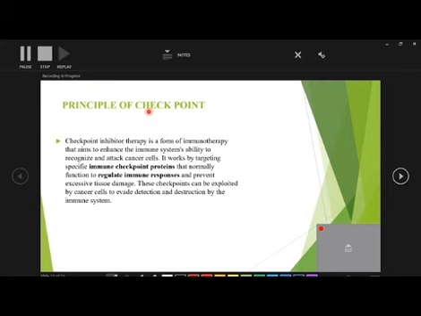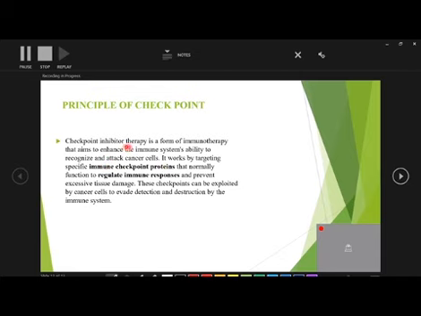We have also the principle of the checkpoint. As I said, these checkpoints are the ones that regulate the immune system. But we have also checkpoint inhibitory therapy, a form of immunotherapy that aims to enhance the immune system's ability to recognize and attack the cancer cells.